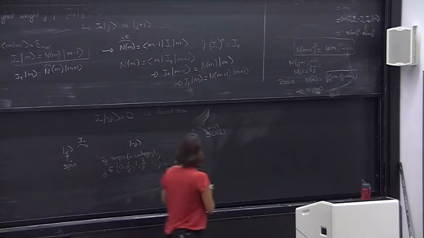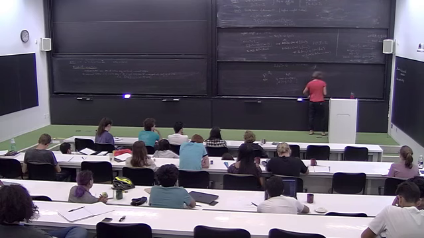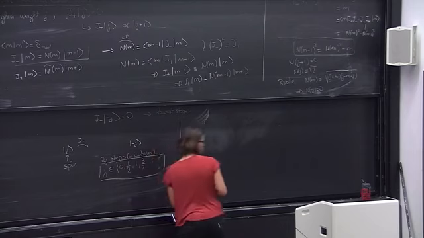So let's finish on that. This is an important characteristic: J can take only these values.